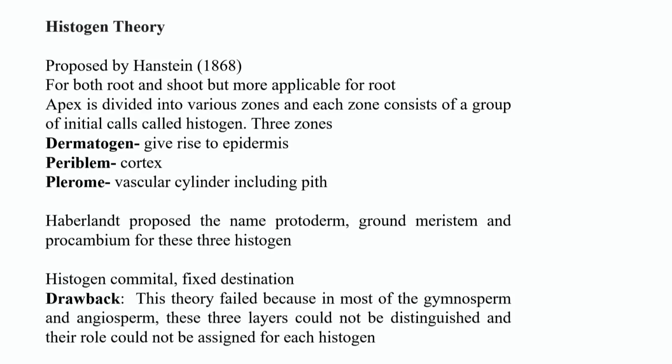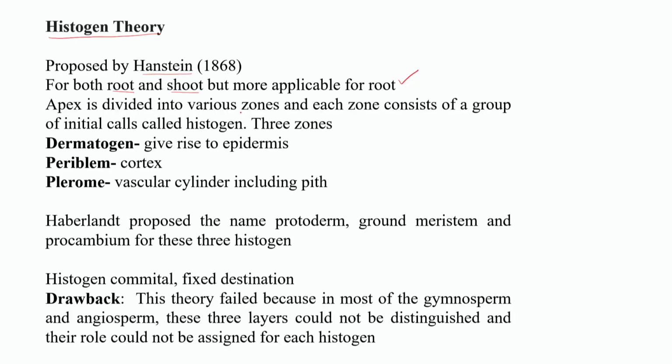So, the most important theory which was proposed is the histogen theory, which was proposed by Hanstein. Now, this is applicable for root as well as shoot apical meristem, but still it is more applicable for root, although both could be explained on the basis of histogen theory. According to this theory, the multicellular apical meristem is organized into different zones, and each zone consists of its own initial cells, and these zones are known as histogen.